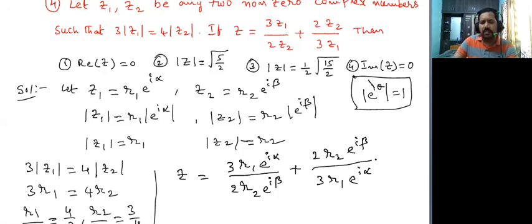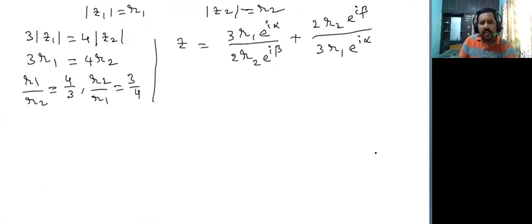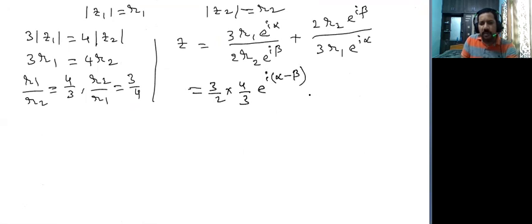Okay. Now here substitute that R1 divided by R2 value: 3 by 2, R1 divided by R2 means that is 4 by 3, and e power i beta sent to the numerator, you will get e power i into alpha minus beta, plus 2 by 3, R2 by R1 means that is 3 by 4.